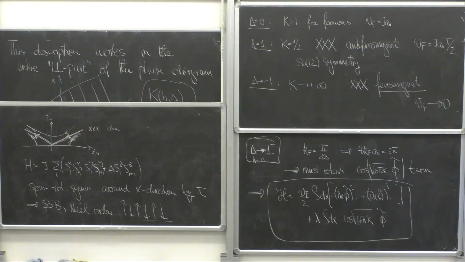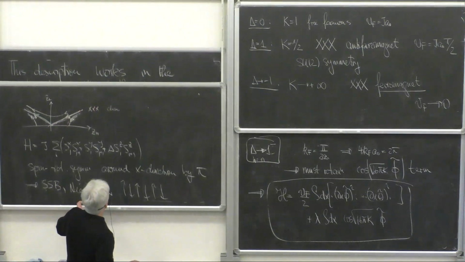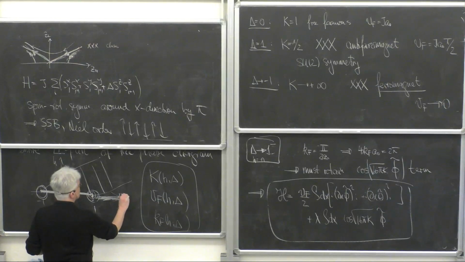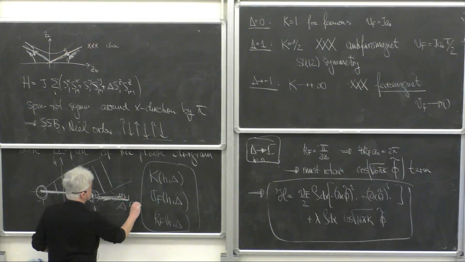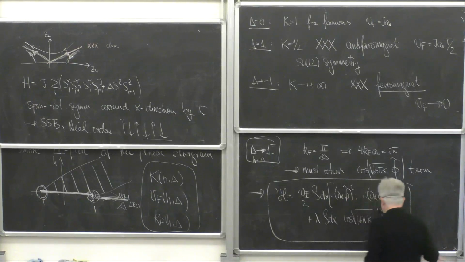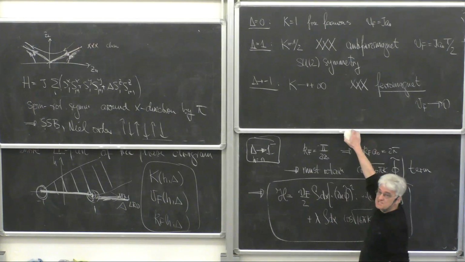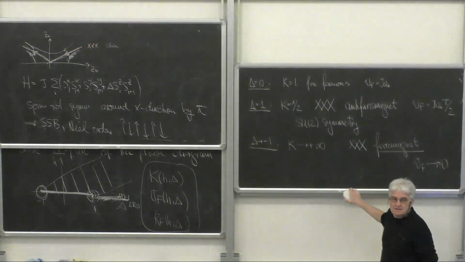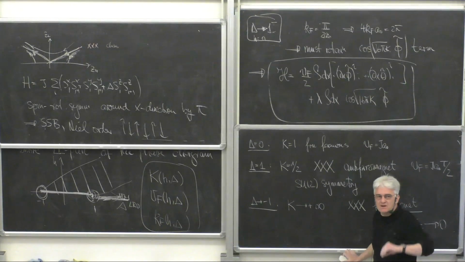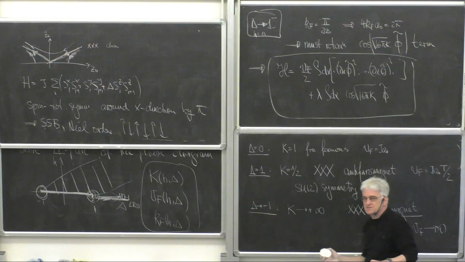Okay, so here you essentially have antiferromagnetic long-range order in the infinite system. So now, just because we're talking about all these things, what happens in a finite system?